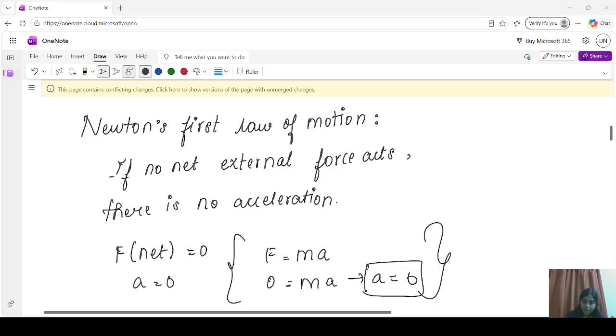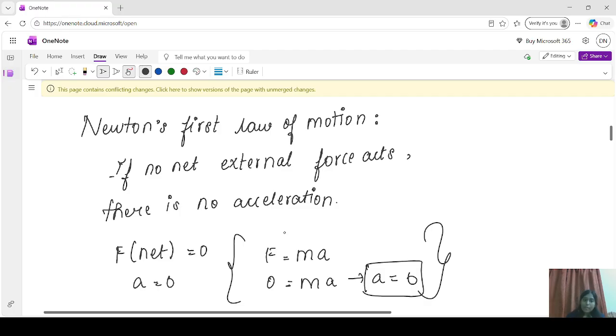I have written the definition here. If no net external force acts, there is no acceleration. What does that mean? Every body continues in its state of rest or uniform motion in a straight line unless an external force acts on that particular body.